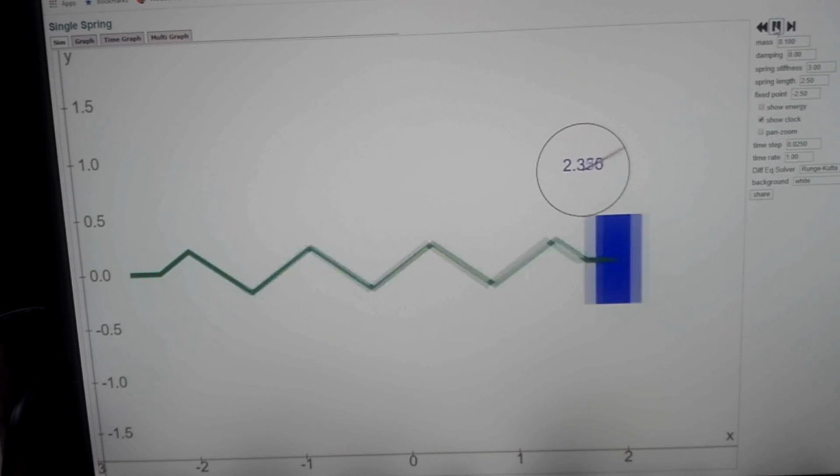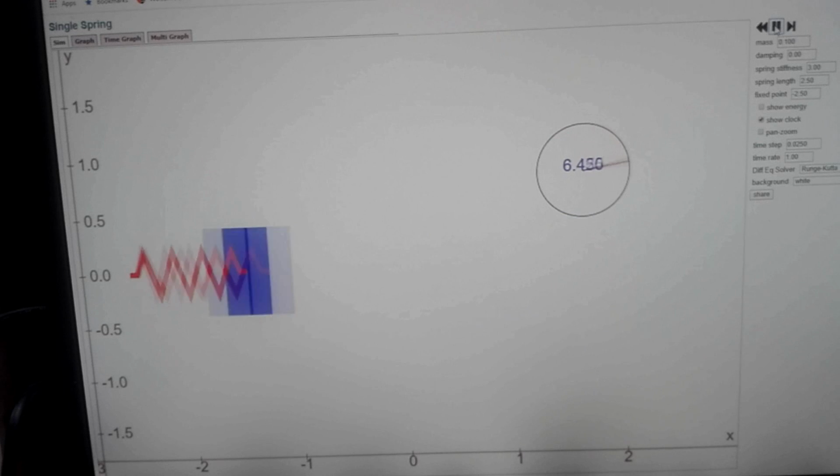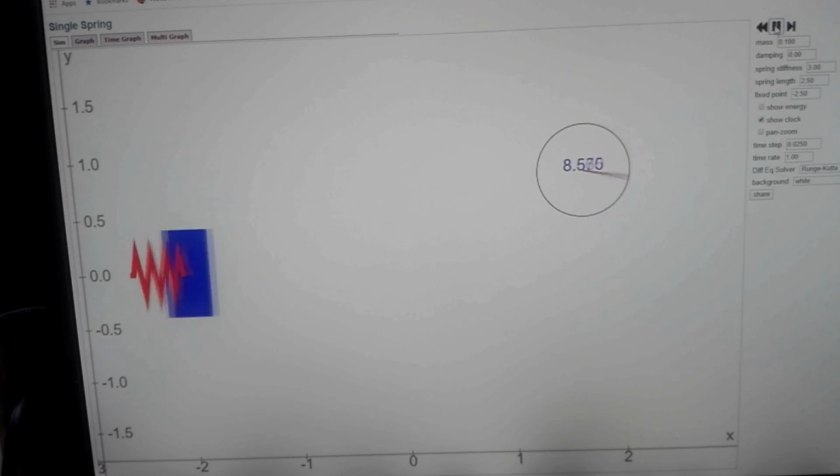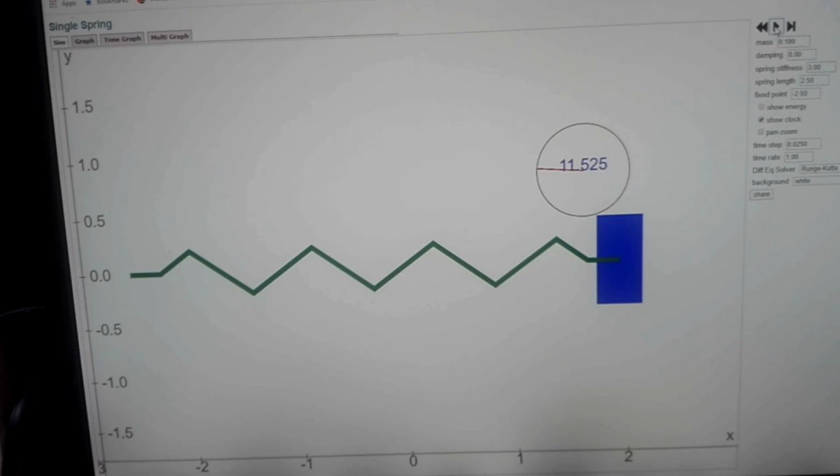1, 2, 3, 4, 5, 6, 7, 8, 9, 10. So this is 11.5. The amplitude is 2 centimeter and the period of oscillation is 11.5 seconds.